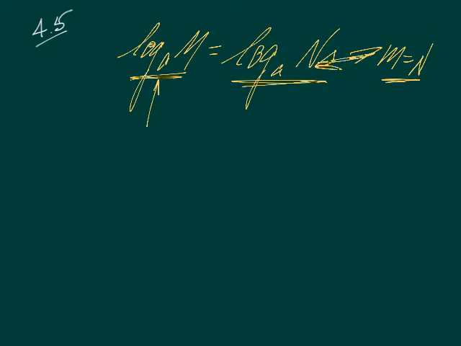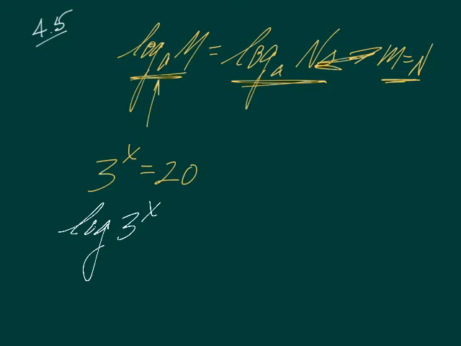Okay? So what that means is, if we have 3 to the x power equals 20, we can say that my 3 to the x power is m, the 20 is n, so that means I can say that these two are equal. So I could say the log of 3 to the x equals the log of 20.